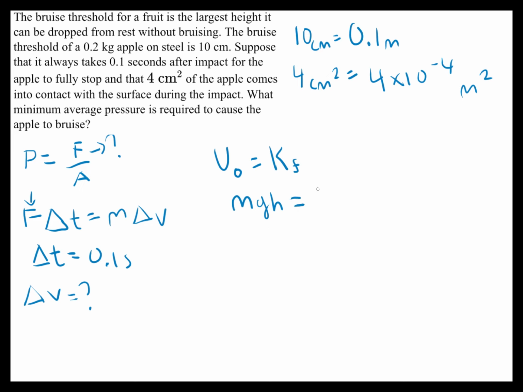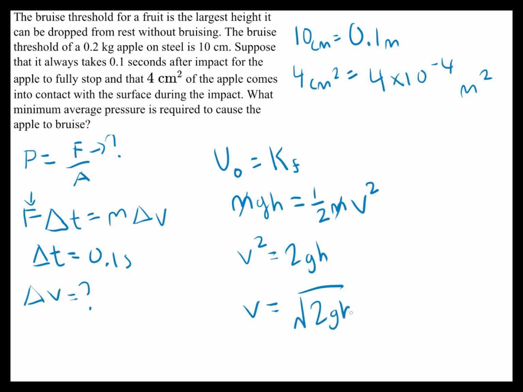And that's going to be equal to the final kinetic energy it has, which is 1/2 times the mass times the velocity squared. So the masses cancel, and we can solve for v. So v squared is equal to 2gh. So v is the square root of 2gh.